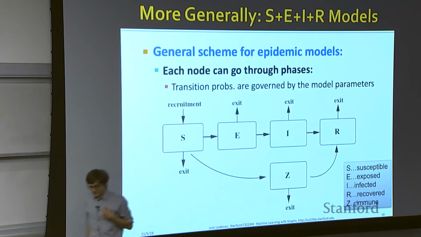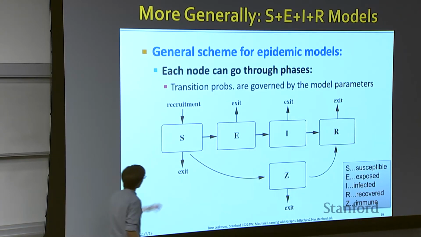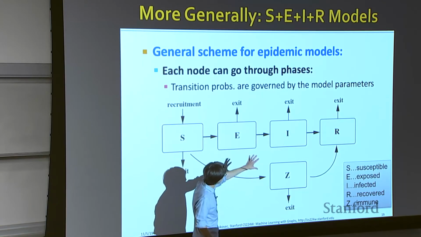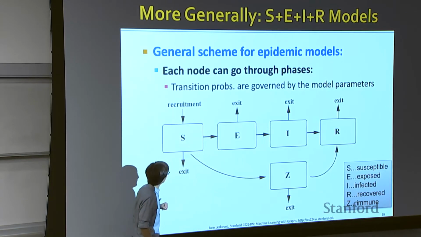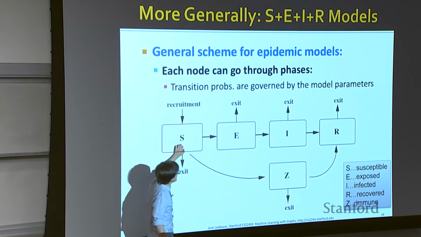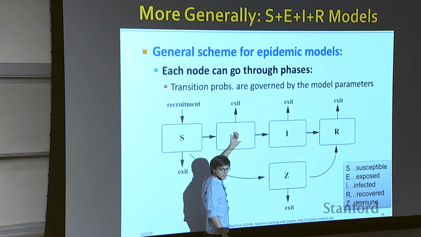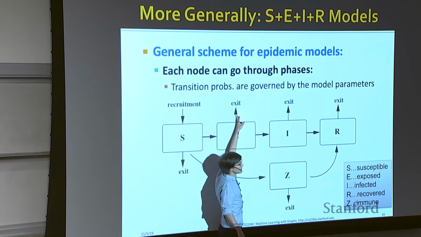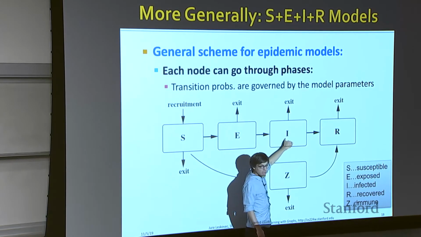Okay? And the way this will work is that there is this class of models that will be named by different letters, and basically this class of models tells you what are the stages through which the node can go. S usually means susceptible, so susceptible to the disease. Then the state of the node can move to what is called exposed, right? So this is kind of an incubation period. From the incubation period, you can exit and not get infected, or you get infected.